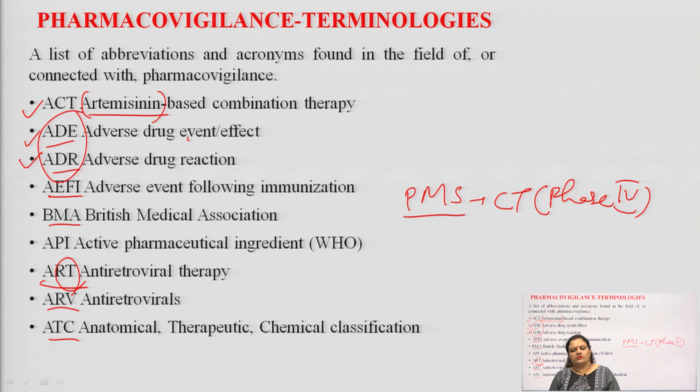When we are talking about drugs and disease classification, we have to separate different classes or categories of drugs according to their anatomical features, means the etiology; the therapeutic class, like CNS, GI, urogenital or CVS, the therapeutic nature of the drug according to its mode or mechanism of action; and the chemical classification, means the active chemical moiety or group which is showing its therapeutic efficacy. So, the anatomical, therapeutic and chemical classification of drugs is ATC.